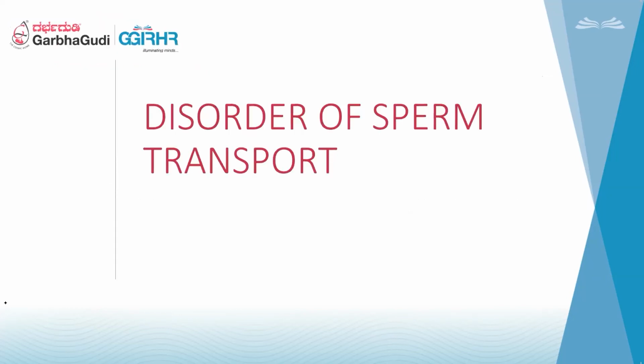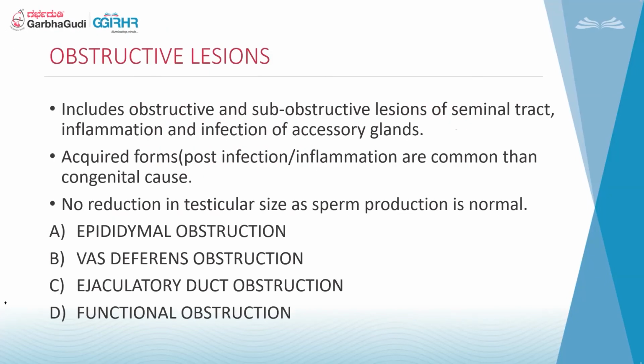Disorder of sperm transport. The main cause is obstructive lesions. These include obstruction and subobstruction lesions of the seminal tract, and inflammation and infection of the accessory glands.